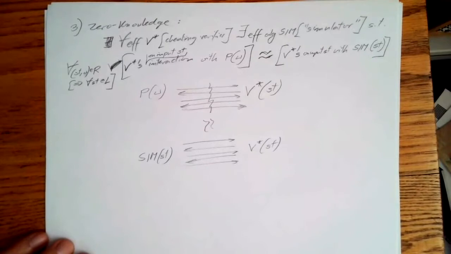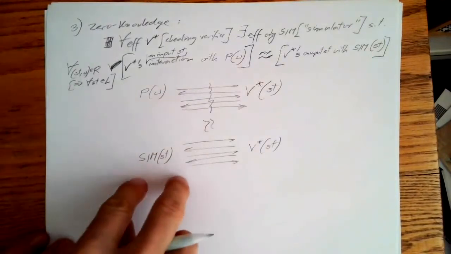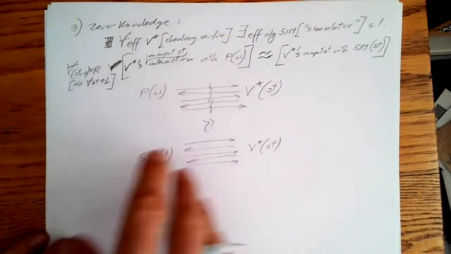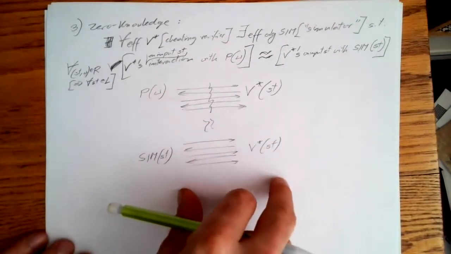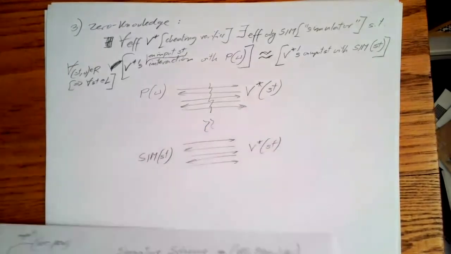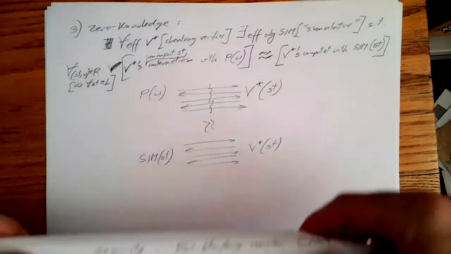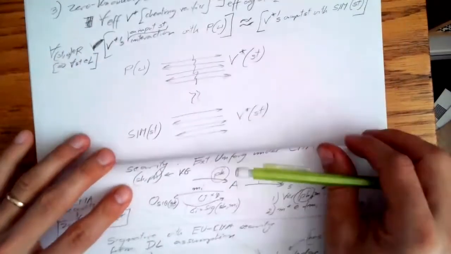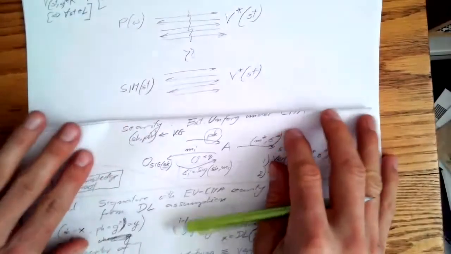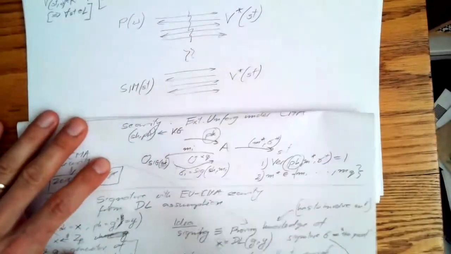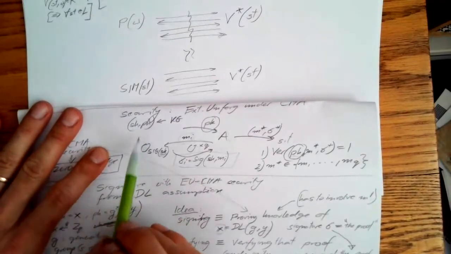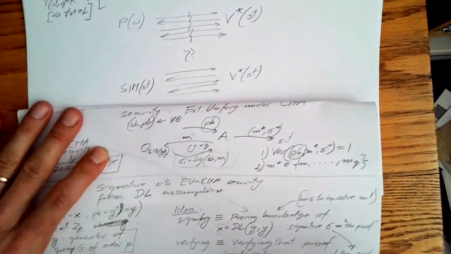Before we ask how that is possible, let's see that it would be useful, because if this is a signature, the idea for the signature scheme is that signatures are proofs.